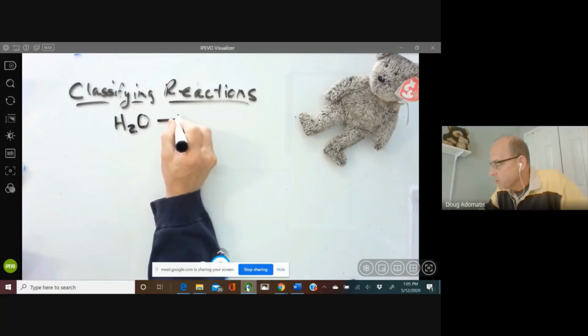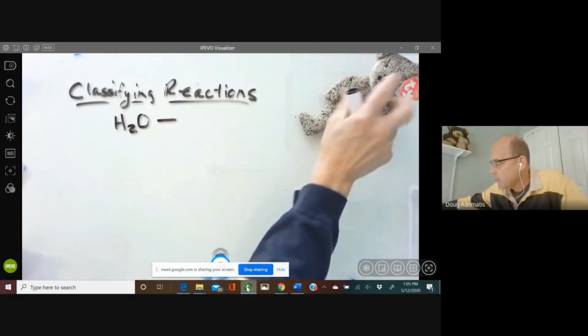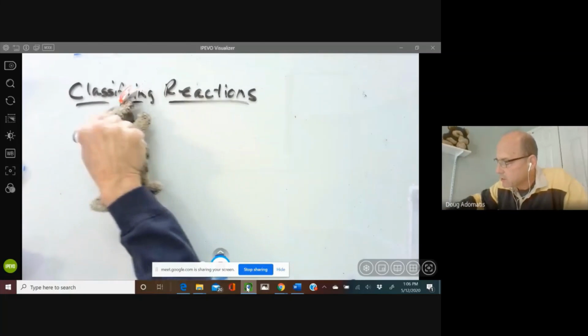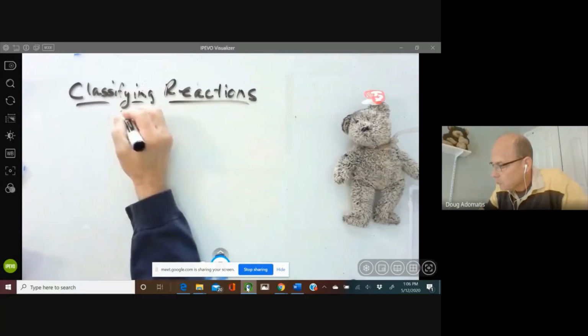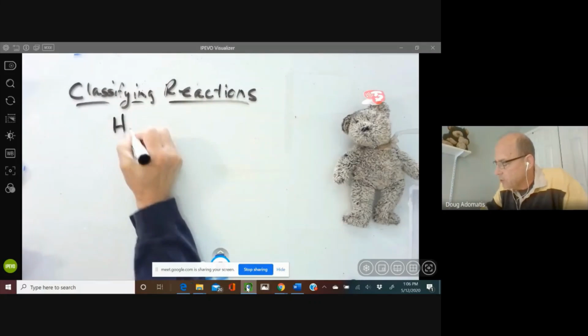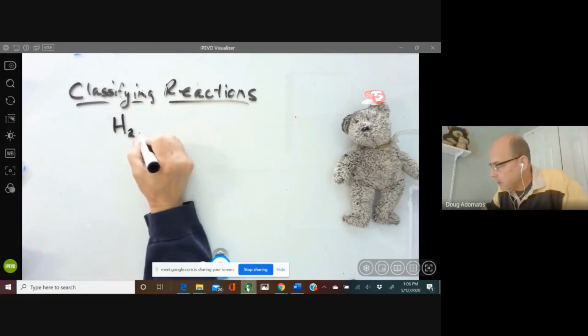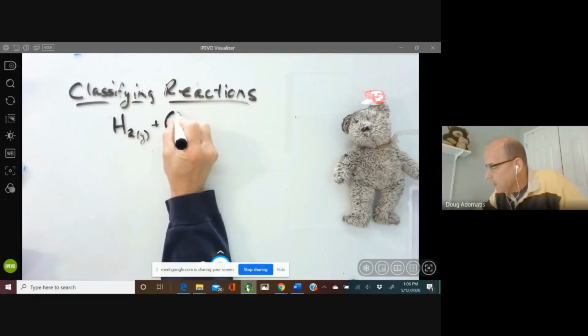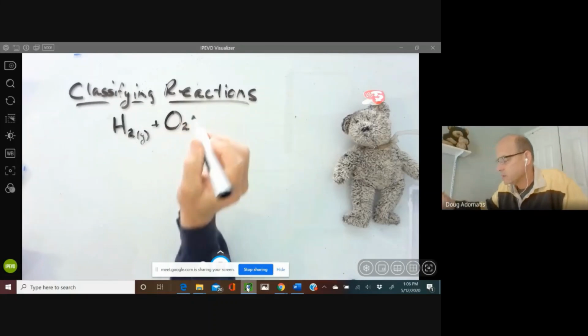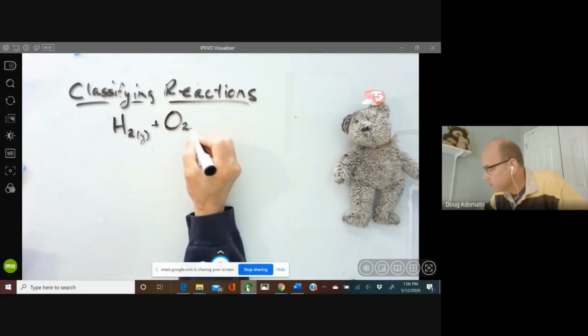Let's take the Martian reaction, not the decomposition of water, but the synthesis of water, where we take hydrogen gas. Hydrogen's diatomic, and I'm telling you here with the little g that it's in the gas form. And oxygen gas, oxygen likewise is diatomic, so there's always two of them found in nature and as a gas.